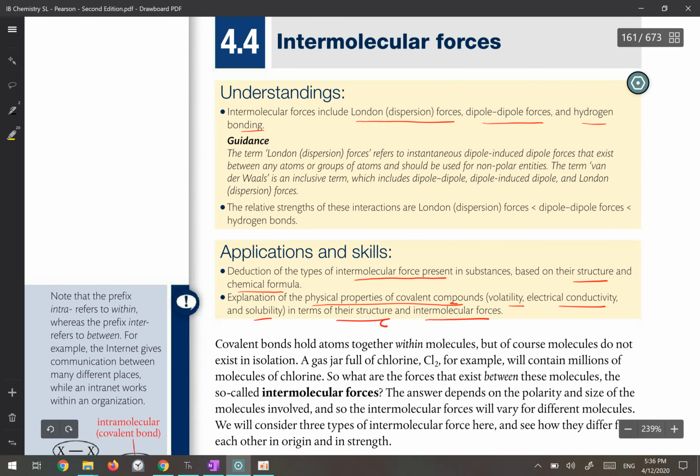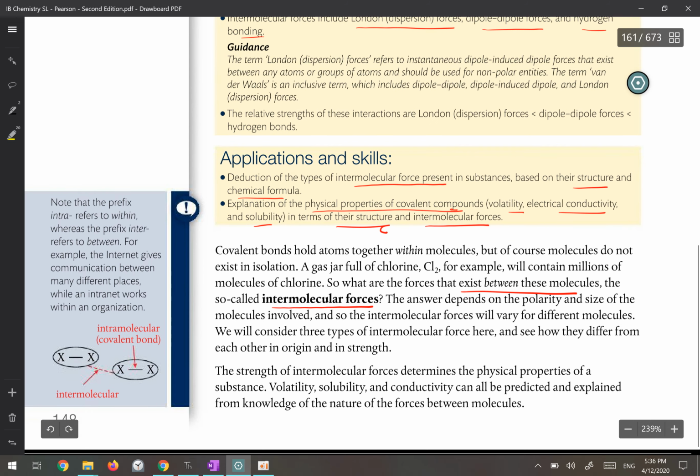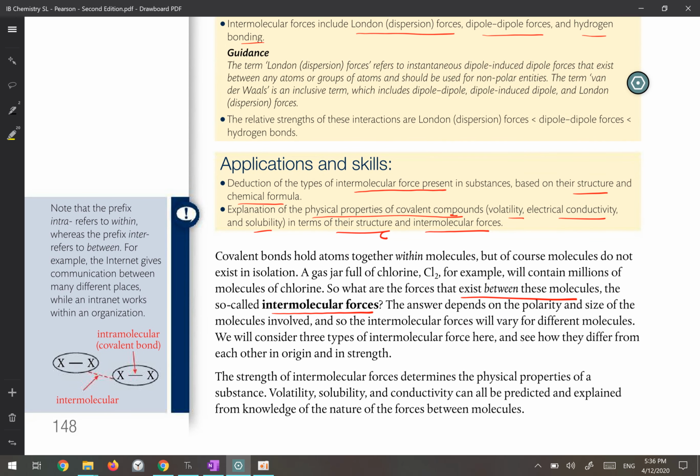We want to talk about intermolecular forces. So intermolecular forces are the forces which exist between the molecules. Look at this picture which is available at the left side of the screen. Two types of attractions are available between the molecules.